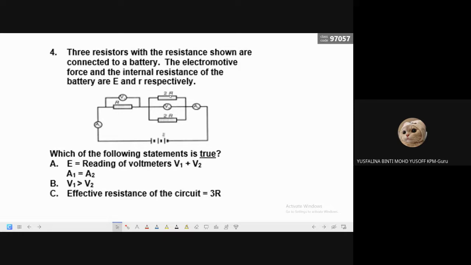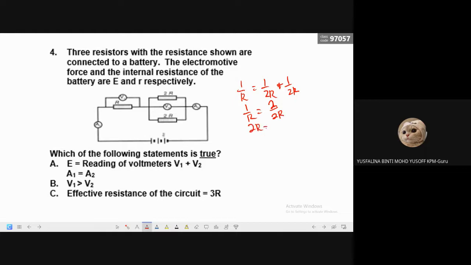Oh, no. Because this is R, this is 2R, right? It means the resistance is higher for this one. So the reading of the voltmeter is not the same because they have a difference. Wait, let me try to count first. 1/2R plus 1/2R, right? That is 2/2R.